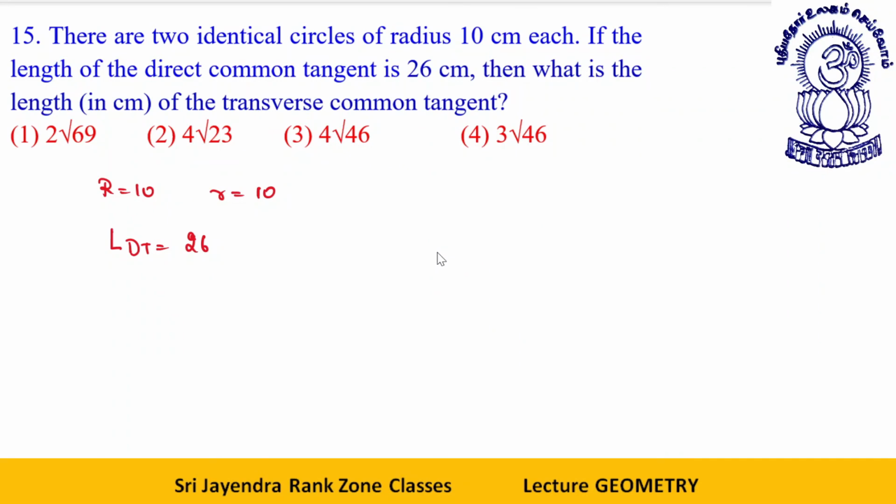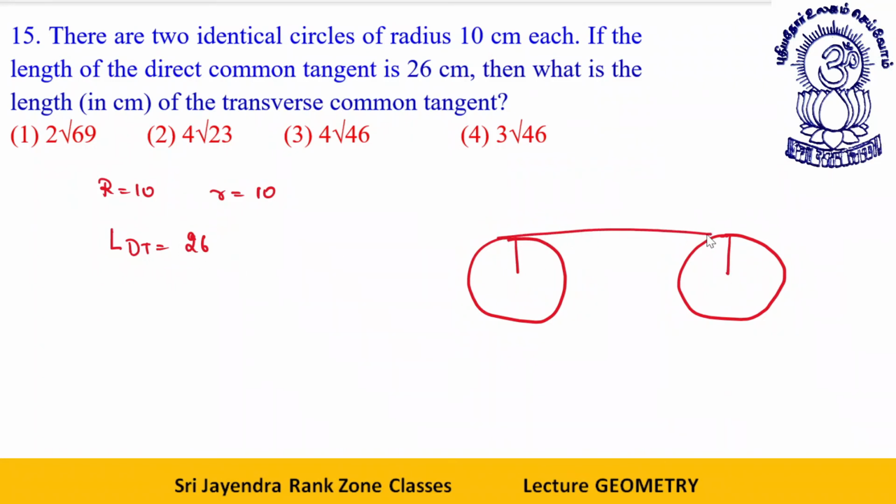See, dear students. First thing, if you have two equal circles, like this, like this, these are equal circles, then what will happen, dear students? What is the length of direct common tangent? This is the direct common tangent.